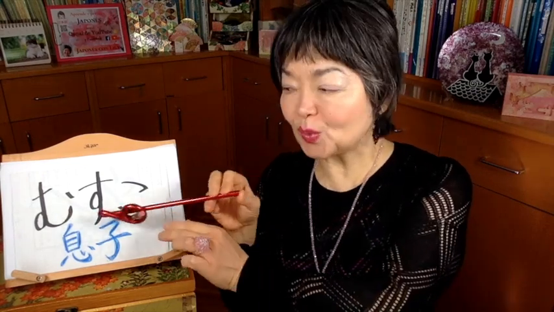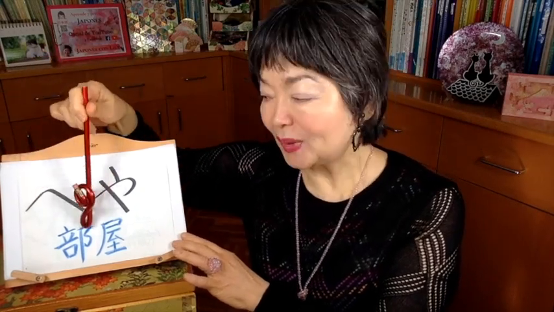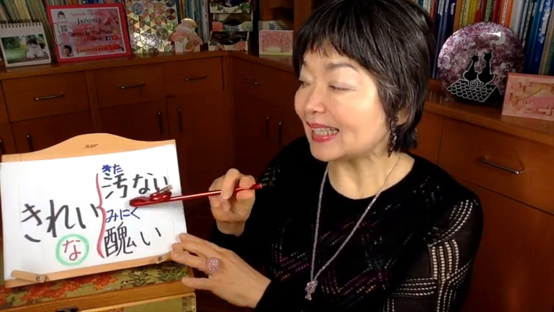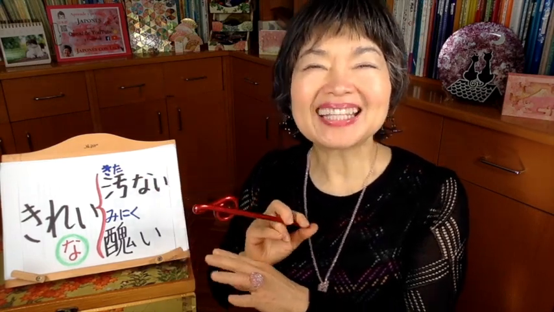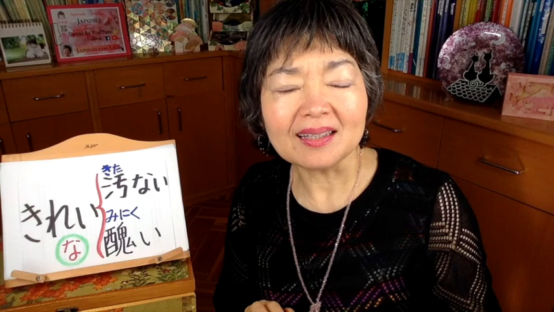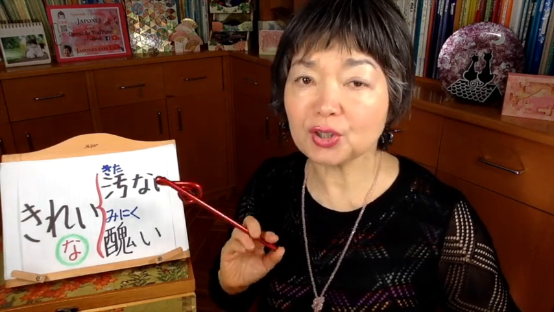This is the son, 息子, with this 漢字. And the other word, 部屋, room. So let's make a sentence using 汚い, dirty. I can say 息子の部屋は汚いです.